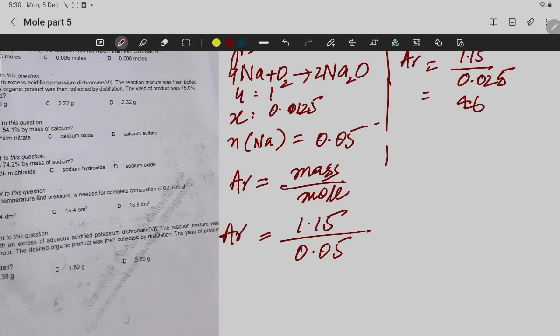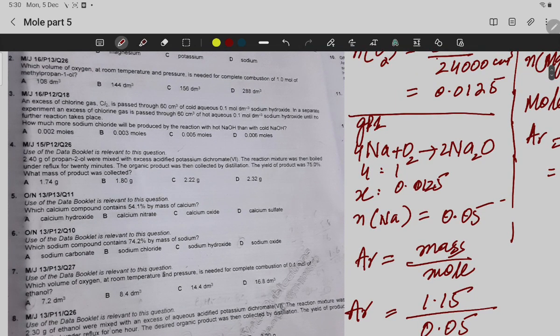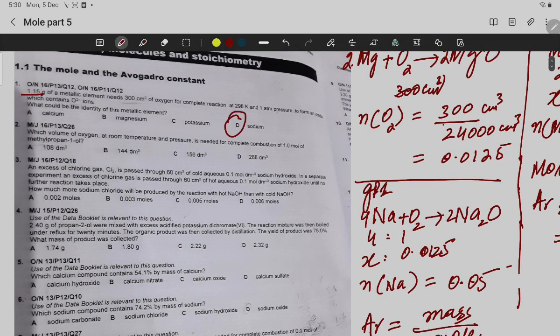AR is 1.15 divided by 0.05, which is equal to 23. It means 23 is the AR of sodium. So this is the sodium element. So D option is correct.